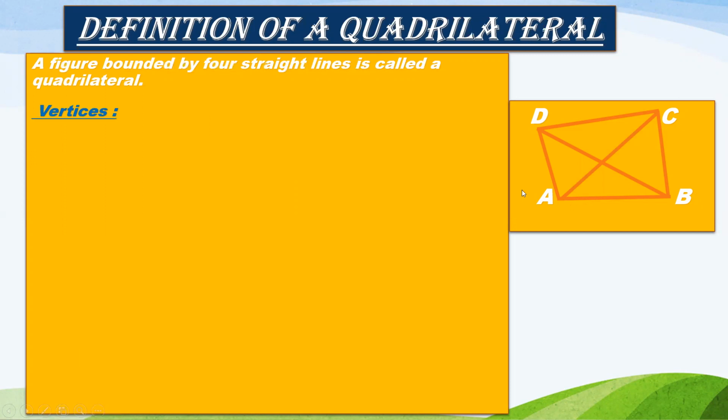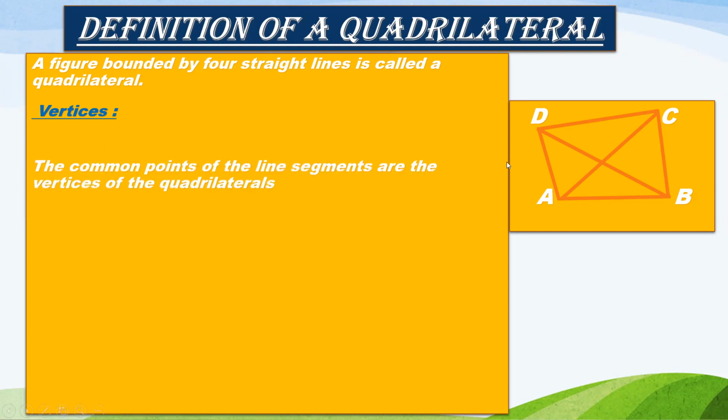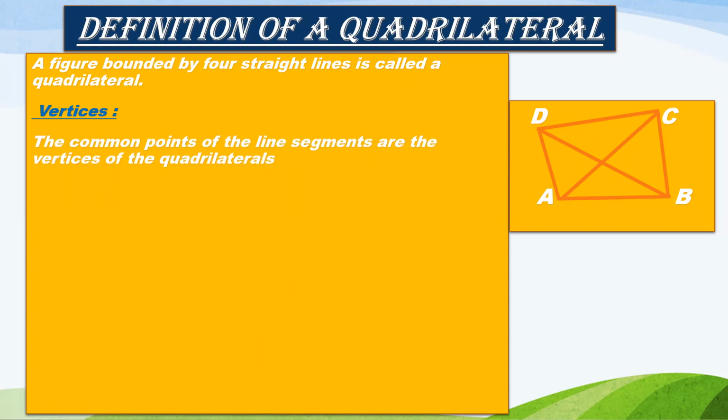Now, what is called the vertices of quadrilateral? Here A, B, C, D, these are the vertices of quadrilaterals. Now, how can we define the vertices? The common points of the line segments are called the vertices of the quadrilateral.